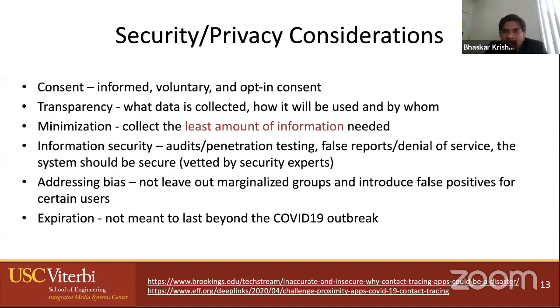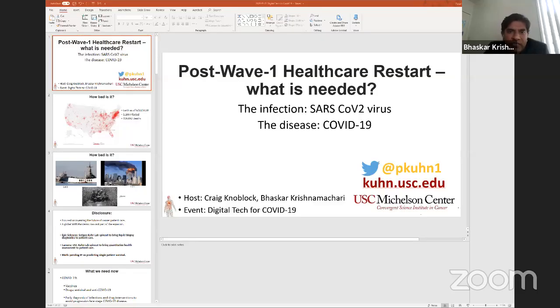Excellent. With that, we'd like to thank Professor Shahabi for his presentation and for taking some questions. We're going to move to our second speaker of today, Professor Peter Kuhn. Professor Kuhn is a professor of biological sciences in the USC Dornsife School, and he also holds joint appointments in the Keck School of Medicine as well as the Viterbi School.